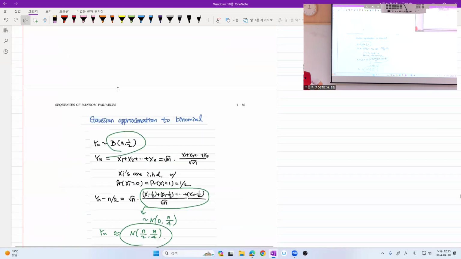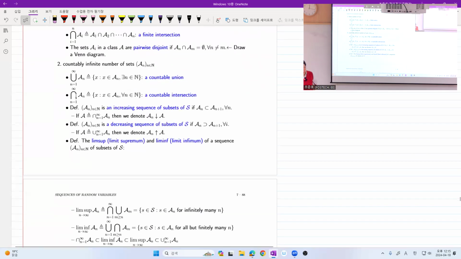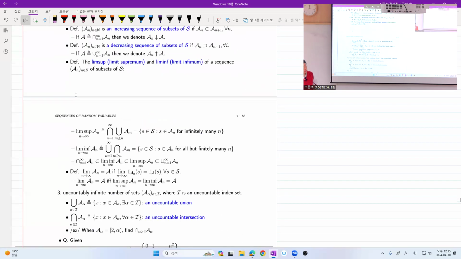That's covered. Yeah. And this is the topic related to the Borel-Cantelli lemma. In order to understand what's going on with that lemma, we actually need a lot of preparation. I'm not sure it's worth covering in this course because it takes a lot of time. So let me think about it during the weekend.